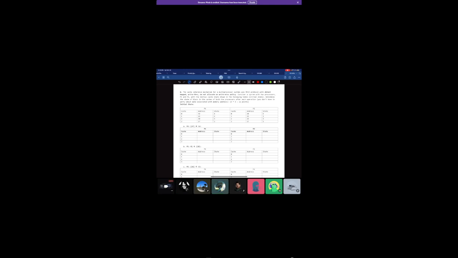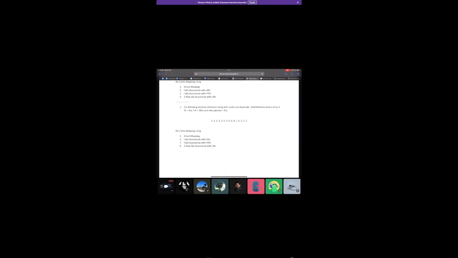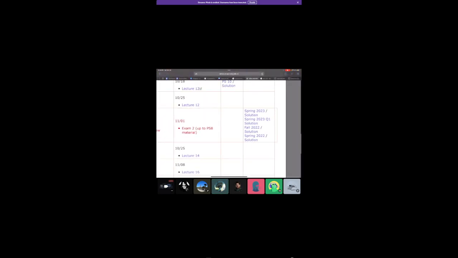It says use MESI protocol with direct mapping, write through, do not allocate on write miss policy. Which test is this, Justin? The second one. Fall 2022. Okay.